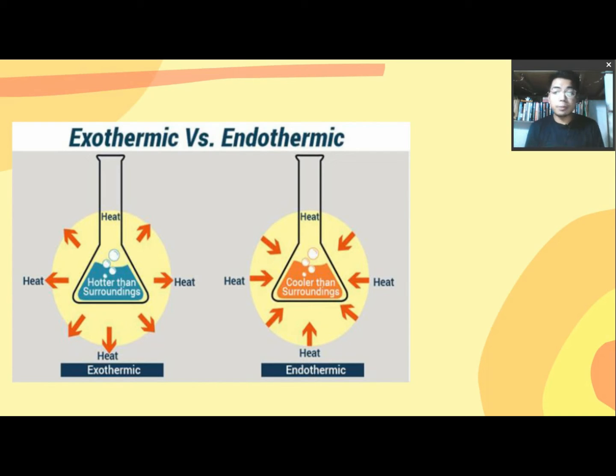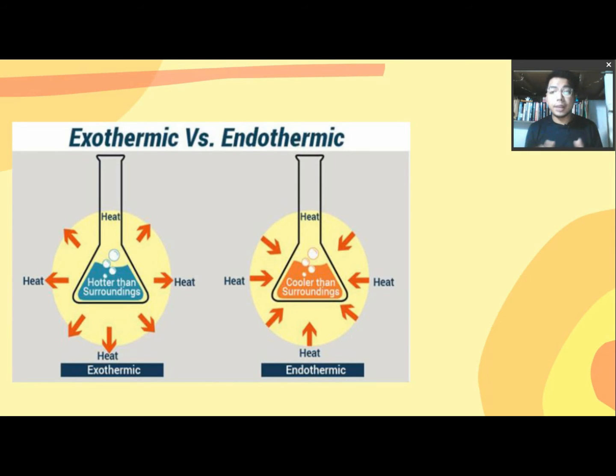Exothermic processes simply mean that the temperature, kinetic energy, and even heat will move out from the system. So basically, the system is releasing energy to the surrounding until they reach equilibrium, or until they reach the same temperature.